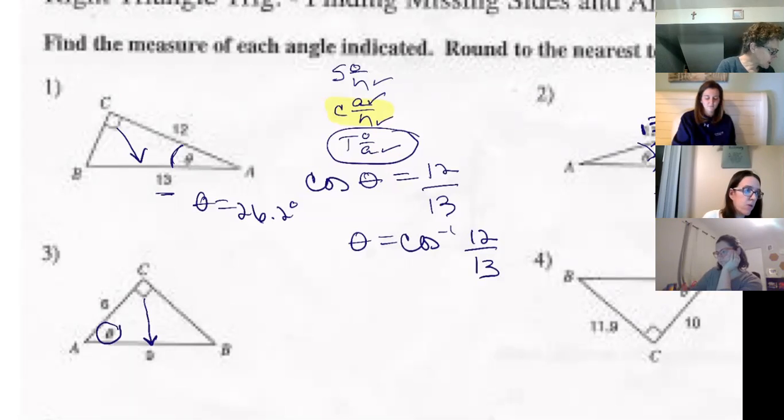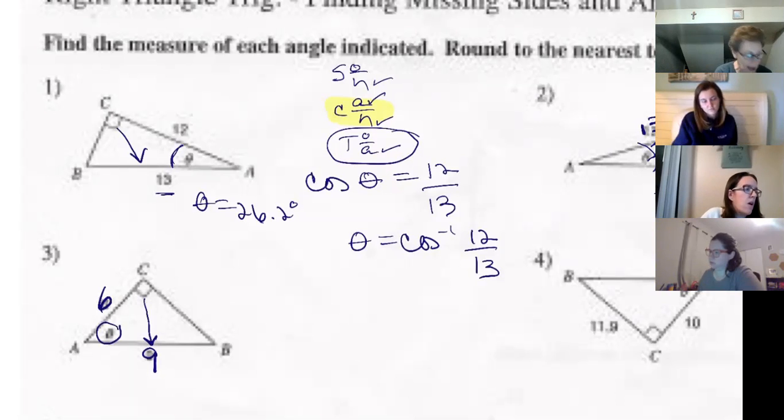Okay, so number 3, this is a 6, and that's a 9. So why don't you try to do that? From that angle's perspective, what do I have? So what do you think, Peyton?